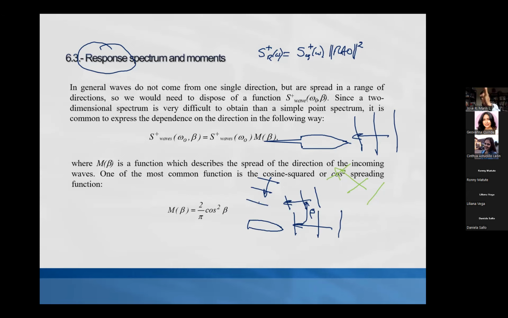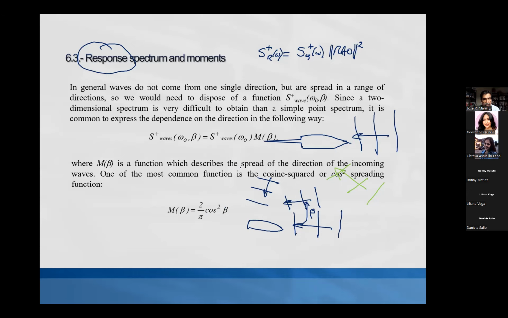So mostly from here, less from here, and even less from this direction. But in general, you see waves from all directions, right? And if you add the energy from all of these, we should have the energy of the sea state that you are analyzing, okay? And this function has this property.